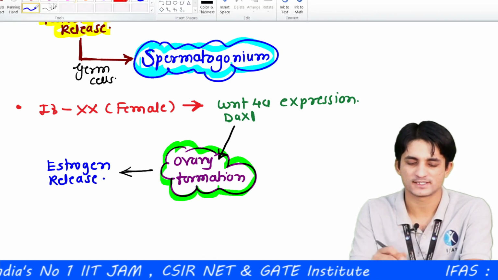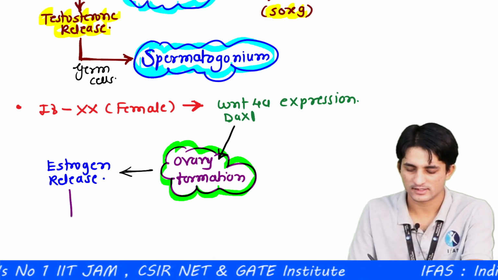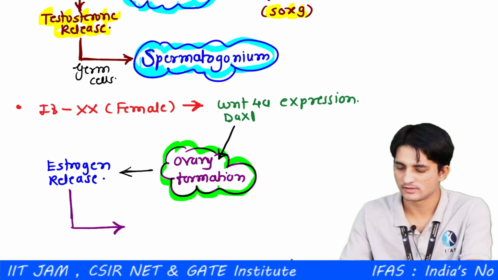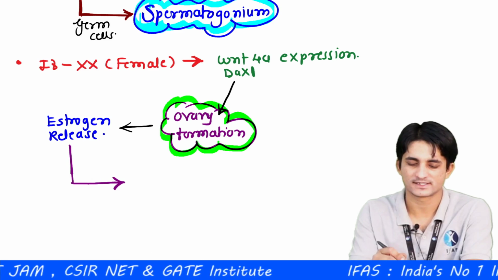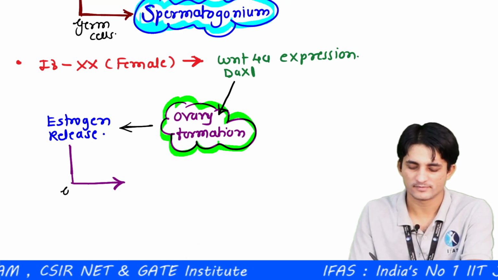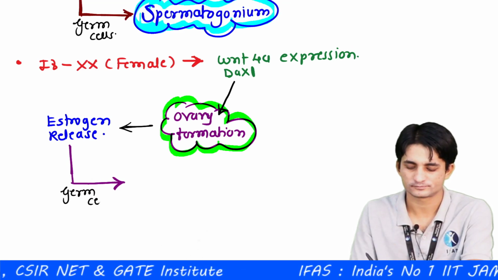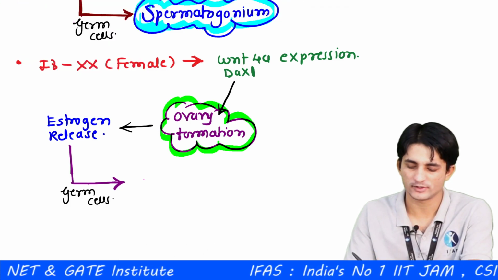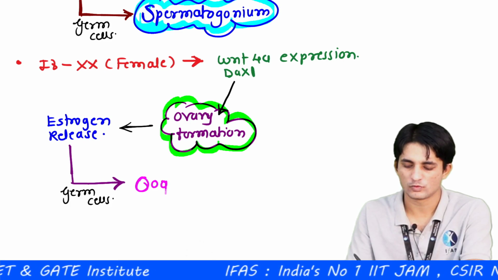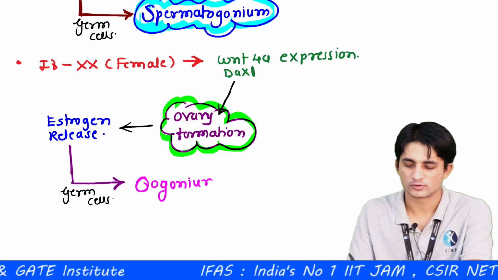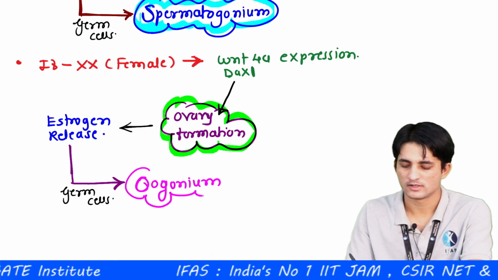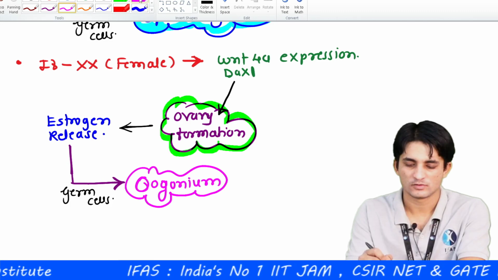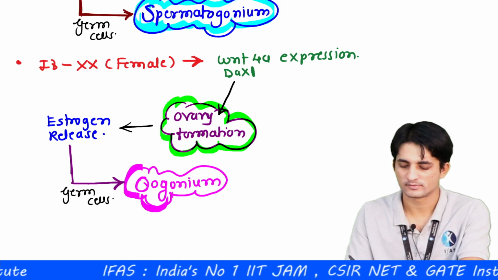As estrogen is released, the estrogen will convert the germ cells in the female into oogonium. So this is the oogonium that is formed.